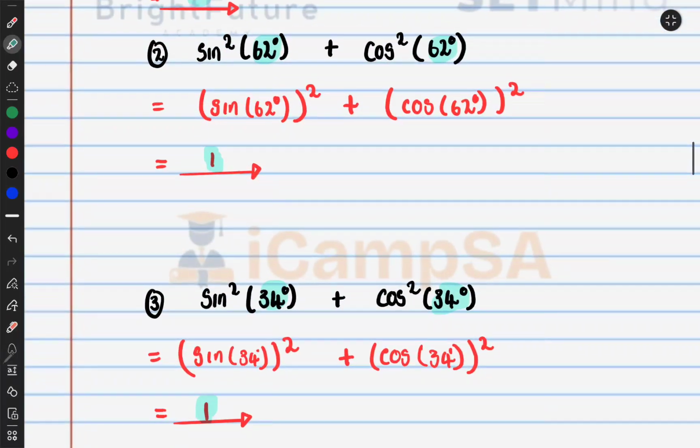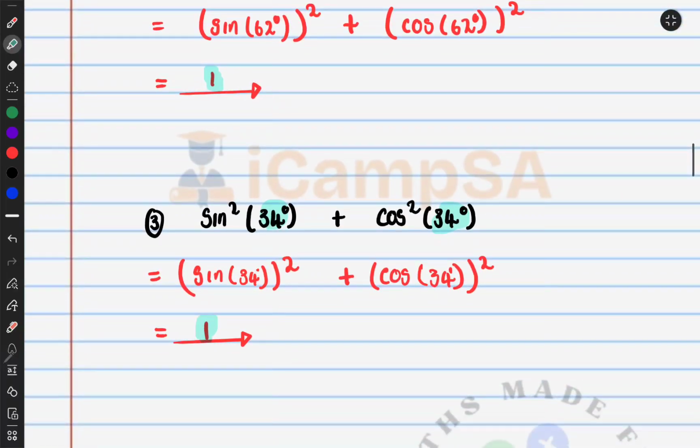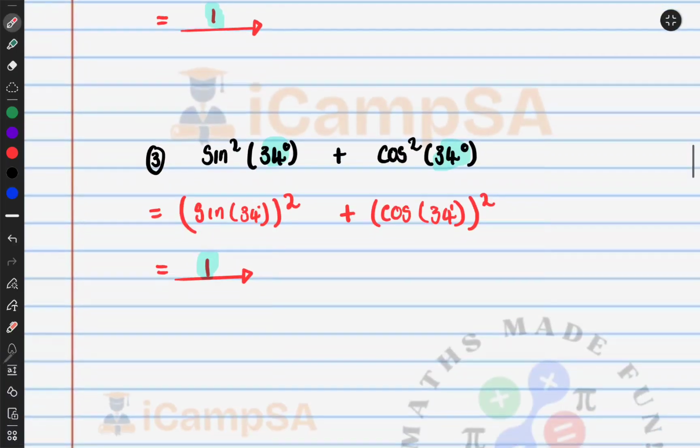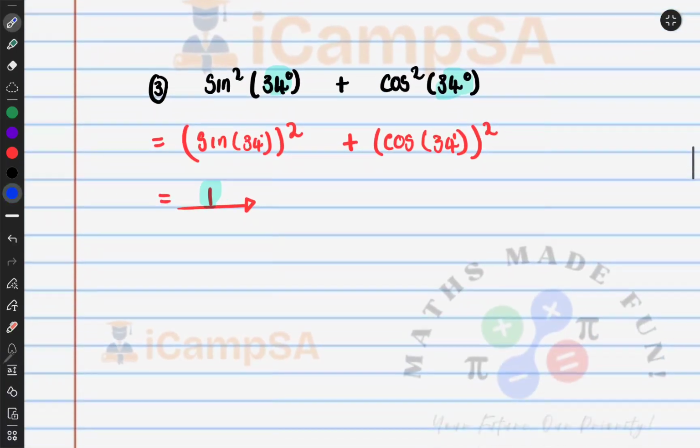You'll see when you get into grade 11, this is what we call a trigonometric identity. Let me quickly write it down for you. Always, when you are dealing with the same angle, sine squared theta plus cos squared theta will always be equal to 1.